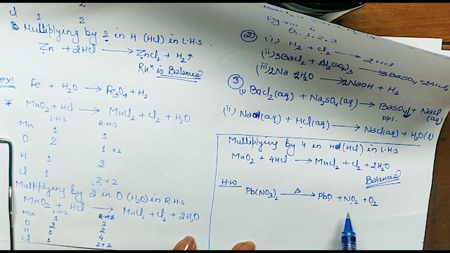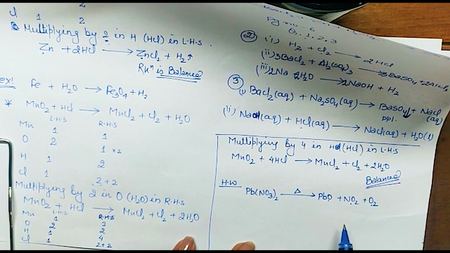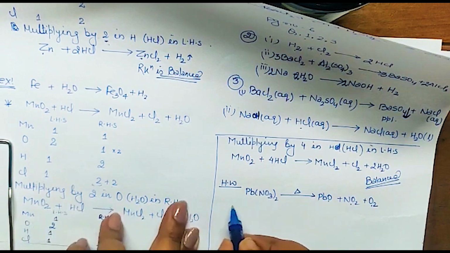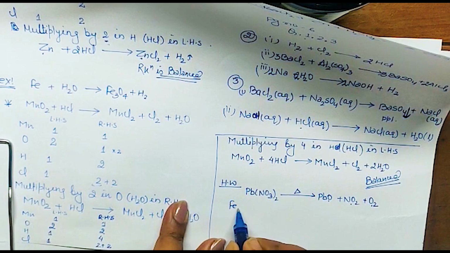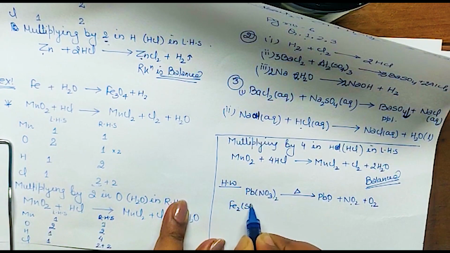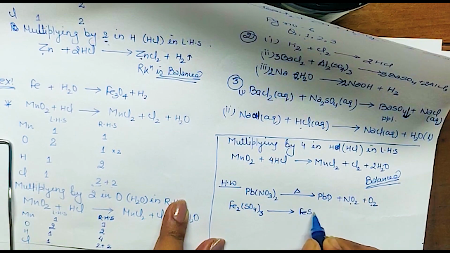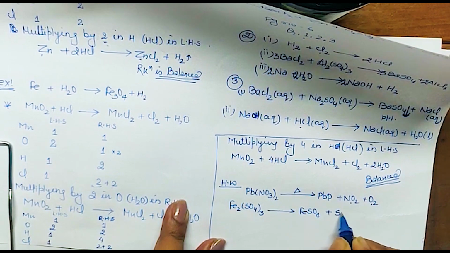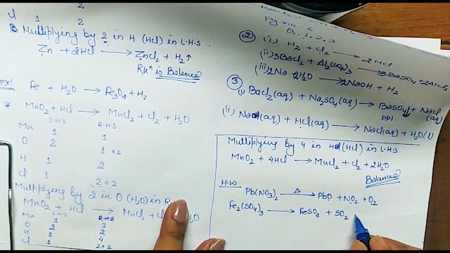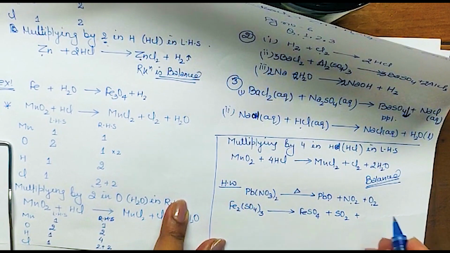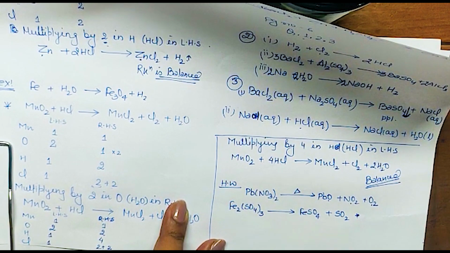Then you do the multiplication, otherwise it will be a problem. Okay. Next is Fe2SO4 whole thrice if we heat. So this will give you FeSO4 plus SO2 plus O2. Got it? FeSO4 plus SO2.